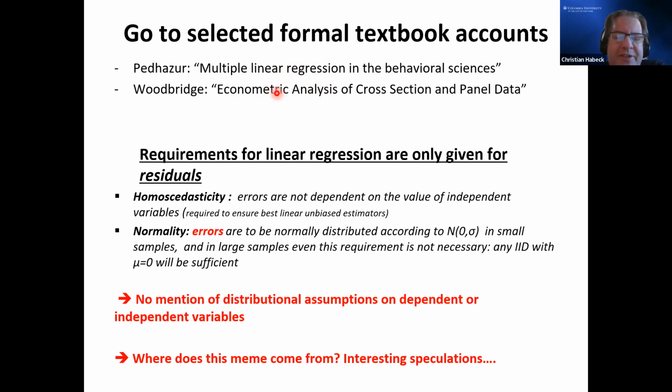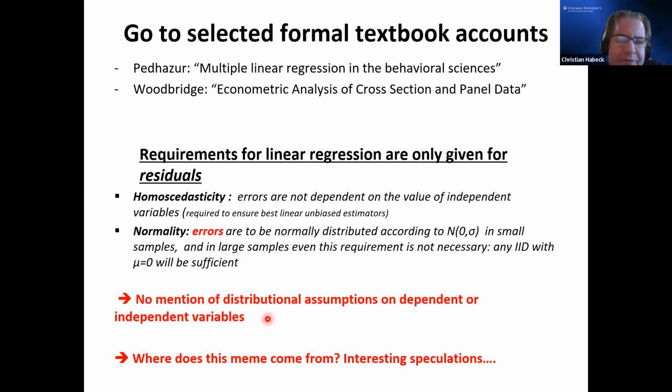So first of all, you see that there are requirements for the residuals to be Gaussian in the case of small samples, right? In the case of large samples, even that isn't true. The only thing that you need is homoscedasticity, that the errors are not dependent on the value of the independent variables, right?